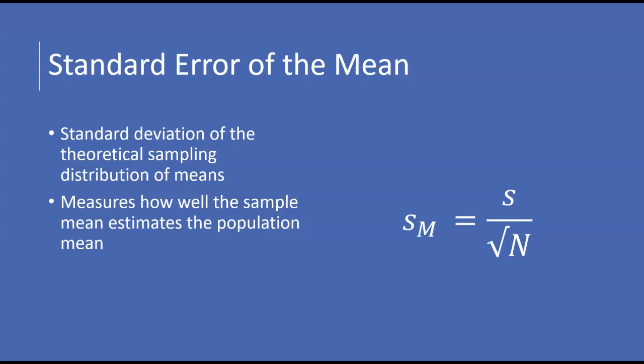So this is statistically an estimate, and that's why your authors are calling it a theoretical sampling distribution. So how well does it estimate the population? I'll leave it up to the mathematicians and statisticians of the world to have a more complete understanding of it.